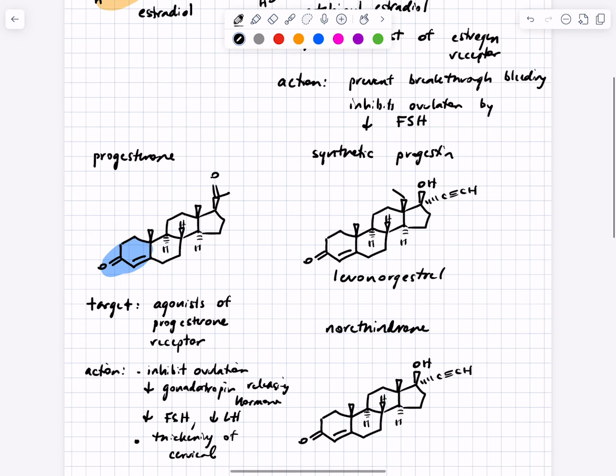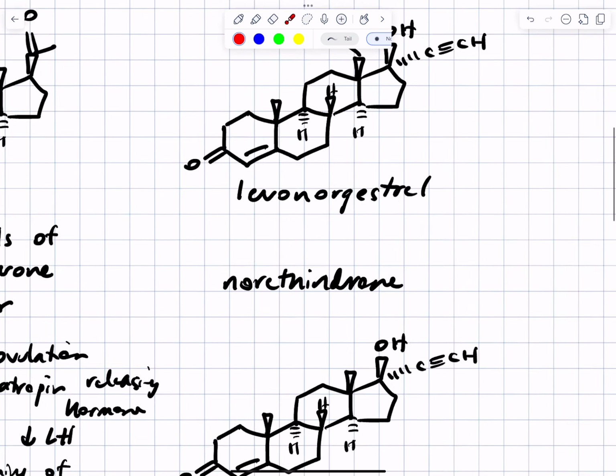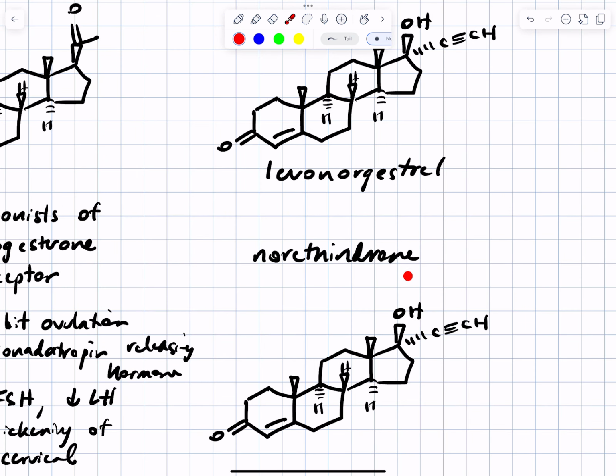In terms of why these have these particular names, levonorgestrel and norethindrone, when a drug is developed by a company, there are two different names they give it. They give it the name of the molecule that they patent it with, and then a trade name that they market it with, and those two names are different. So Tylenol is the trade name, acetaminophen is the name of the molecule.